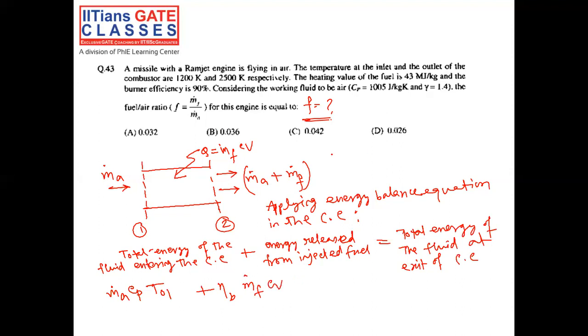Now this eta b burner efficiency is defined as the enthalpy released by total available enthalpy.